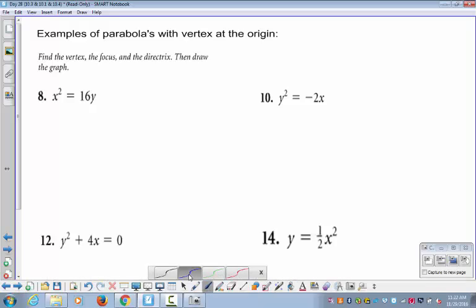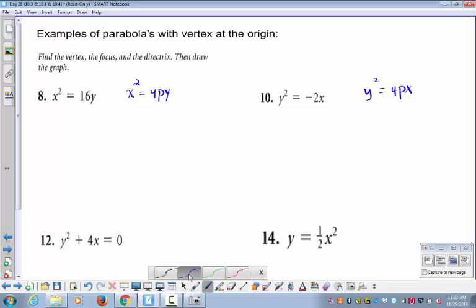So in your mind, you should be thinking, isolate the square variable. Normally you think isolate y and put everything else on the right. Now we're going to isolate x squared or y squared. Okay, that's already isolated. Our standard form when we isolate x squared is x squared equals 4py. Our standard form when we isolate y squared is y squared equals 4px.